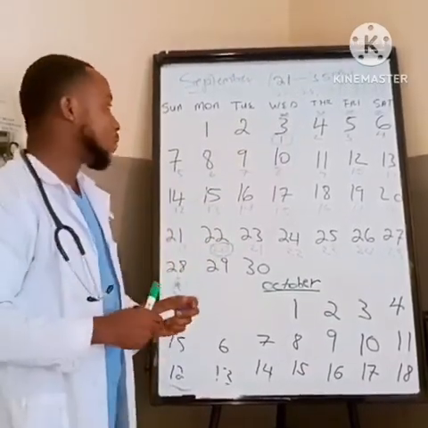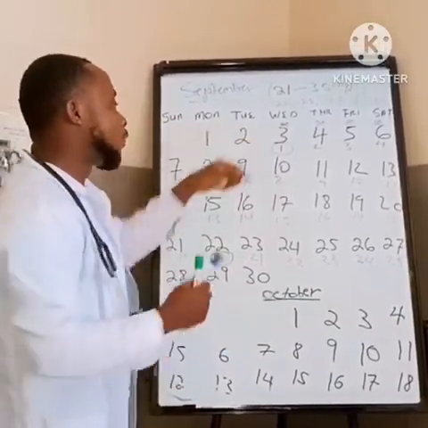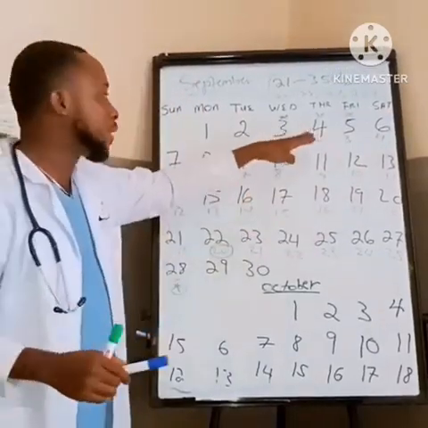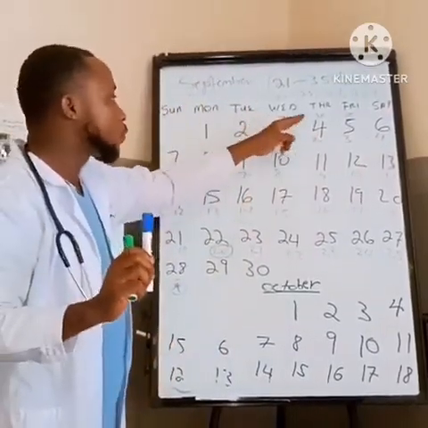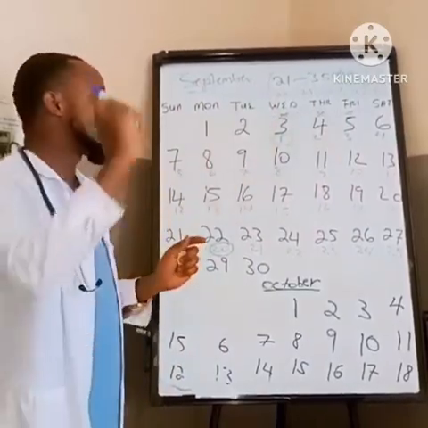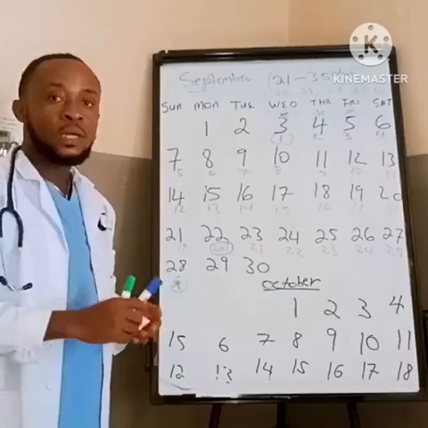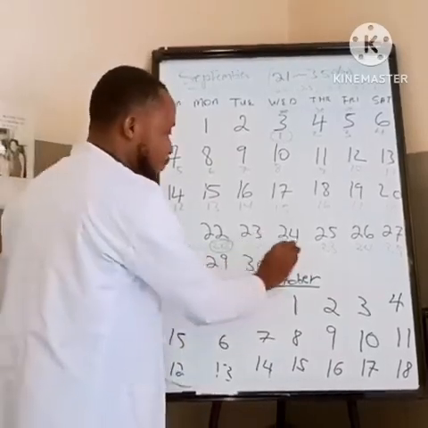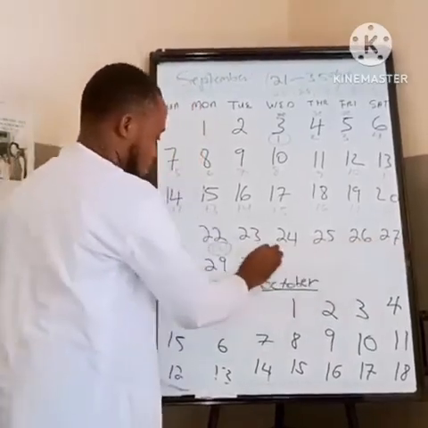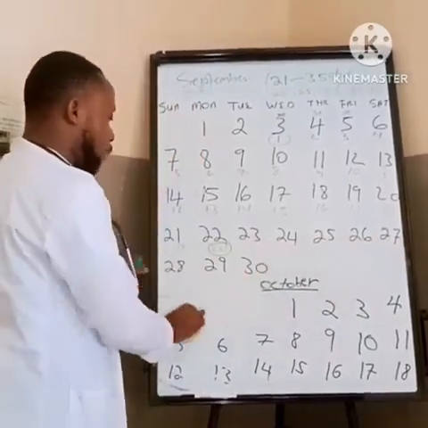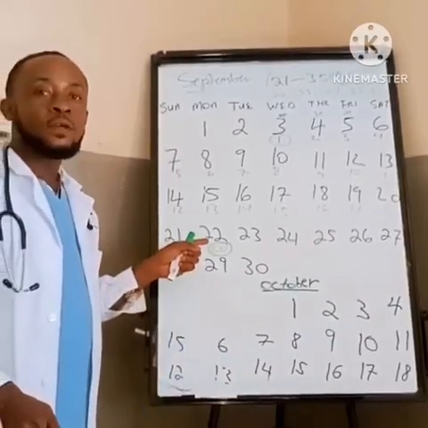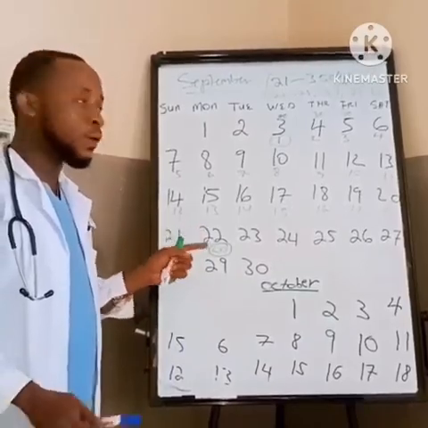A lady who will see her menses on the 3rd for a period of, assuming, 3 days. 1, 2, 3, menses off, but the cycle length continues until you see your menses again. You see your menses again on the 20th of the same September.